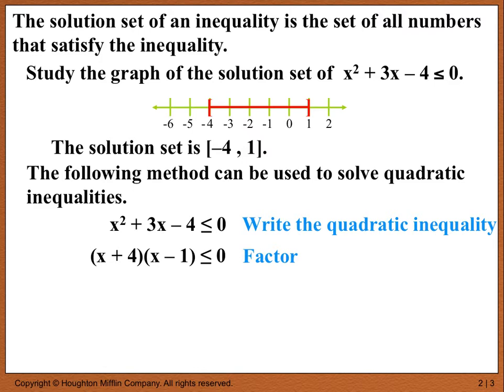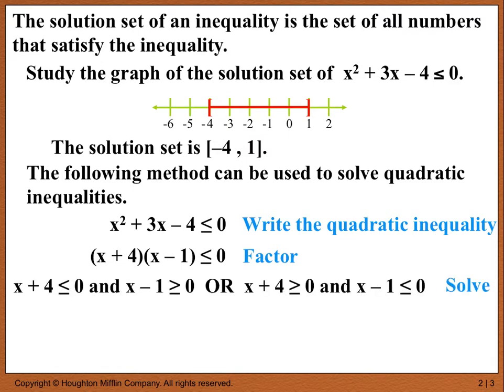And then once you factor, well, then you can set up a disjunction. And we've done that before with a few problems that have come up, but this should refresh your memory. We set it up like this to solve. x plus 4 is less than or equal to 0, and x minus 1 is greater than or equal to 0.